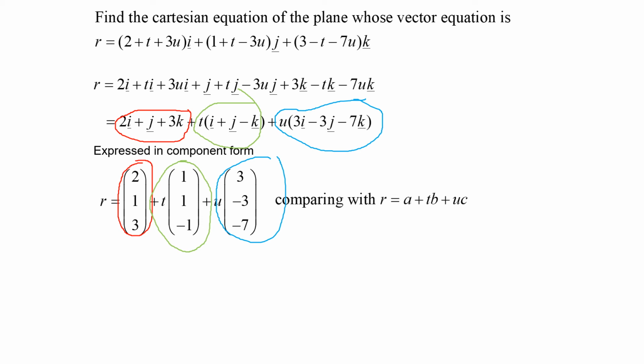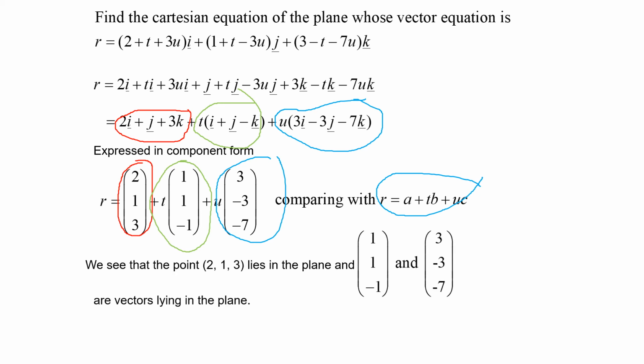Based on this equation, if you compare it with the form which is given in the vector equation of a plane, r equals a plus tb plus uc, you can identify a point and you can identify the normal vector to the plane. So in this case, the point A is 2, 1, 3.